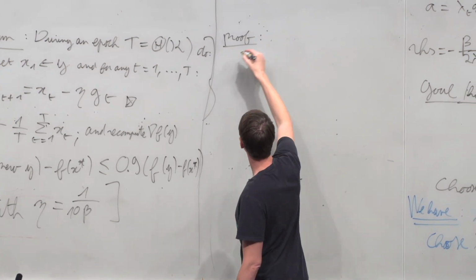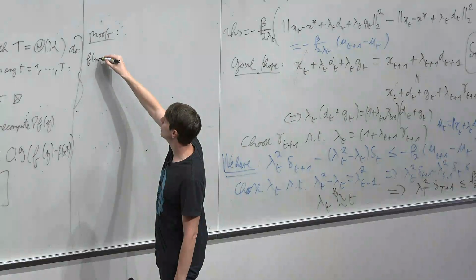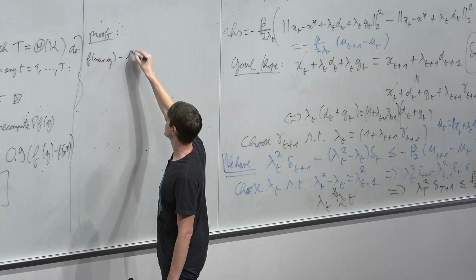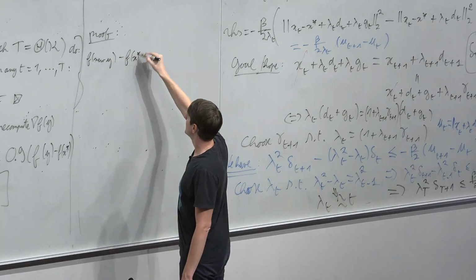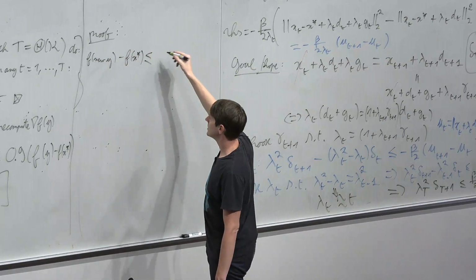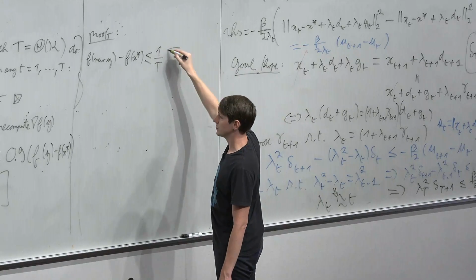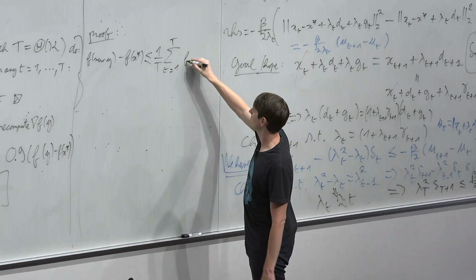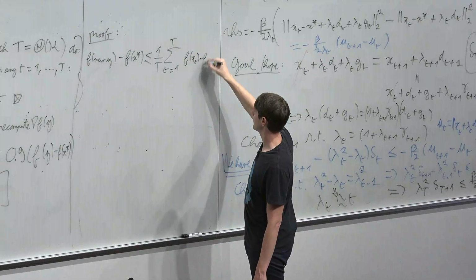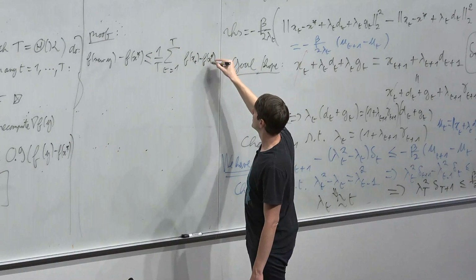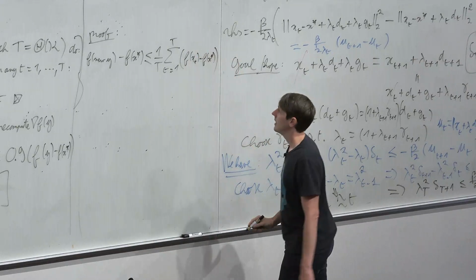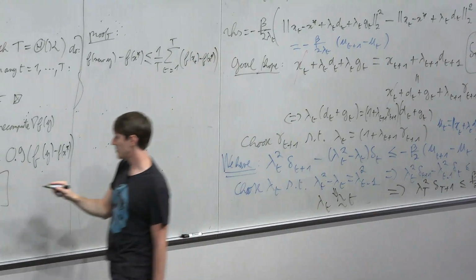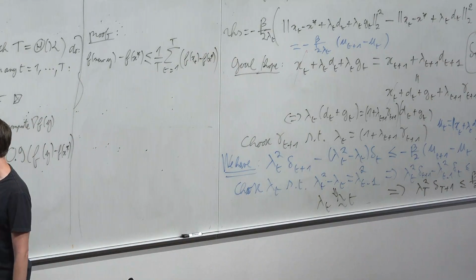So f of new y minus f of x star is, by convexity, bounded by 1 over T, the sum for t equals 1 to capital T of f of x_t minus f of x star. And let me put expectations, very important.